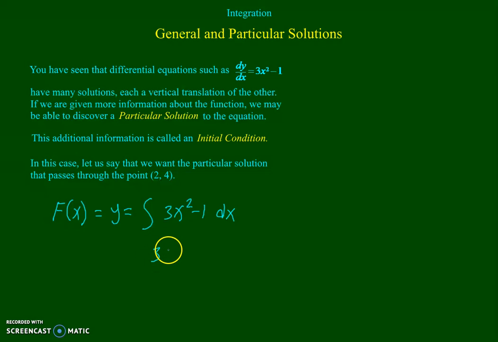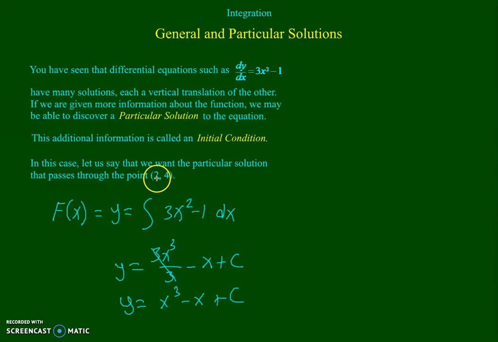This is 3x, add 1 to the exponent, divide by the new exponent, minus x plus c. This is our y. And so what we have is y equals, these 3's cancel out, x to the third minus x plus c.